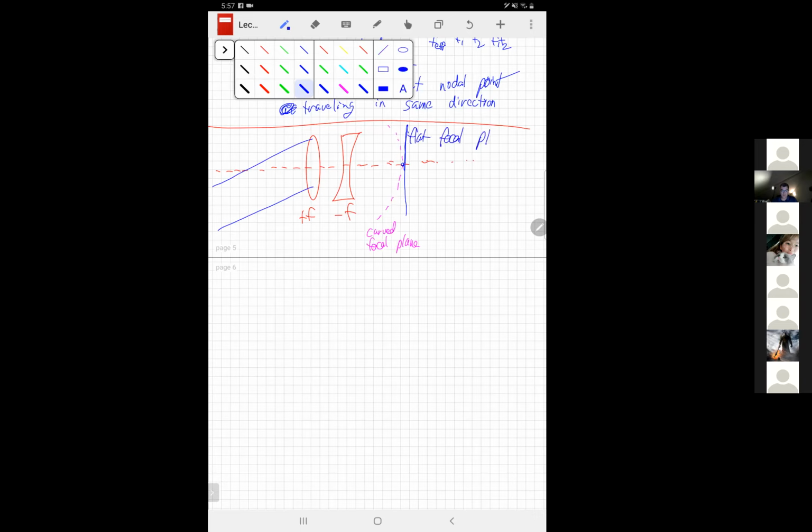Flat focal plane. 1 over R of the focal plane is the sum of 1 over n F. If these two lenses are made out of the same glass and have equal and opposite focal lengths, then we don't have any field curvature. So let's deal with that situation. I want to make things concrete with that situation.